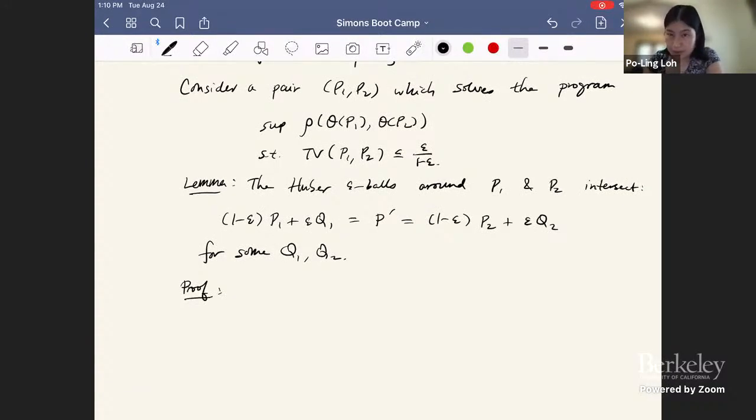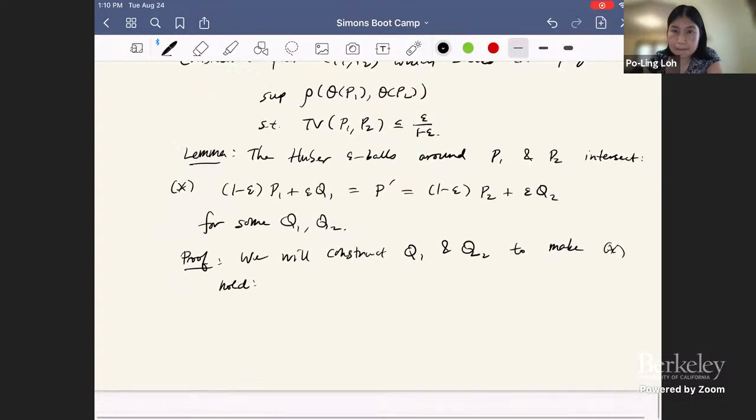So we will construct the distributions Q1 and Q2 to make star hold.